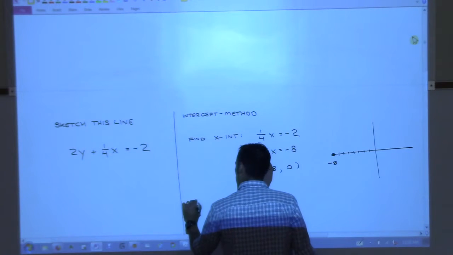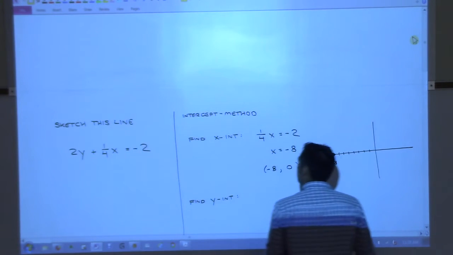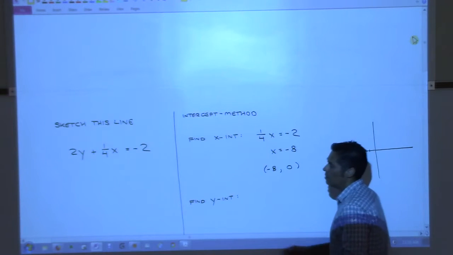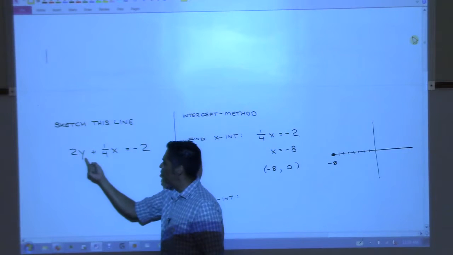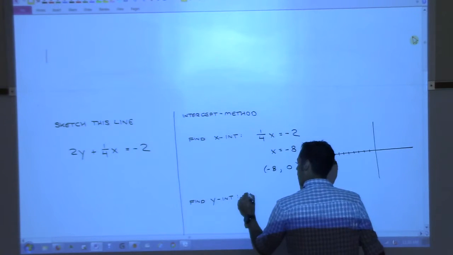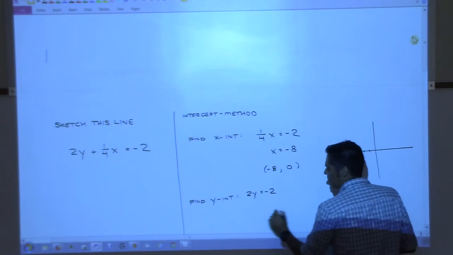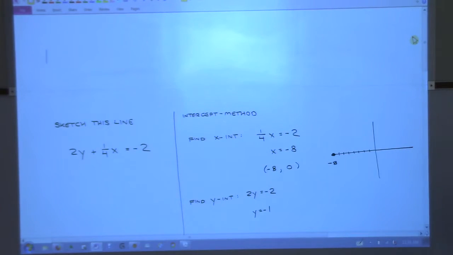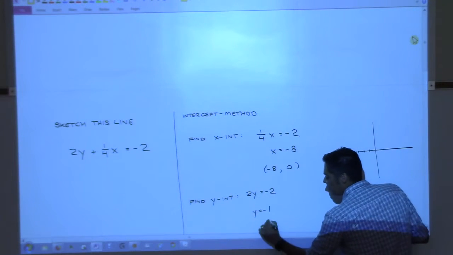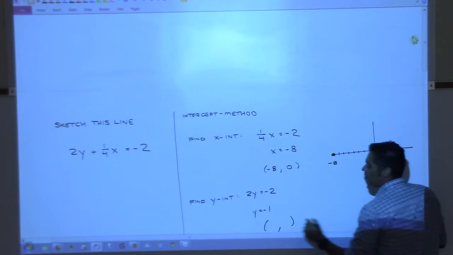So find the y-intercept. And to do that, I set x equal to 0. So if I replace this x with 0, it's going to kill this term off. I'm just going to have 2y equals -2. And then divide both sides by 2, you get y is -1. So again, written as a point, what would the coordinates of this be? 0, -1.